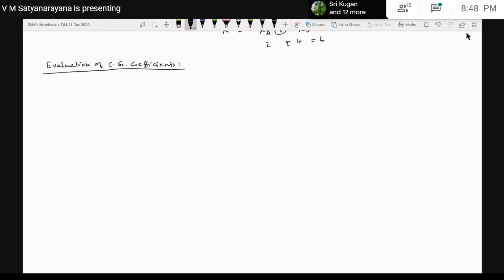Let us try to do it with a simple example to get a concrete understanding. And usually this is probably done in your class also. But to keep it simple, let's first consider the case of J1 equal to half and J2 equal to half.